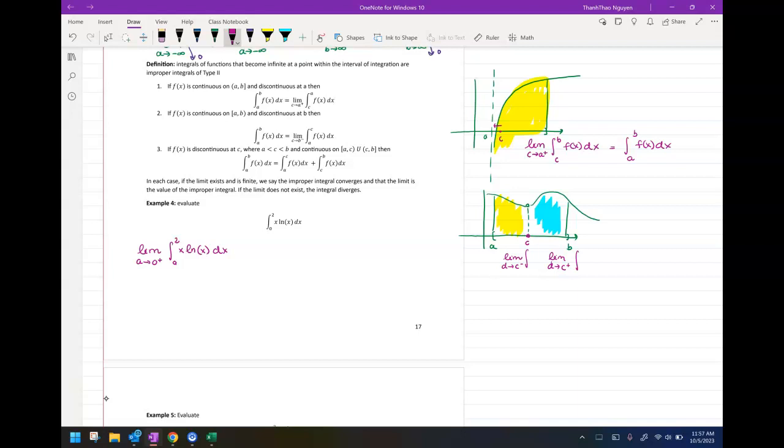Then I can use integration by parts. I'll let u equal ln of x, then du equals 1 over x dx. I will let dv equal x dx, so v equals 1/2 x squared.